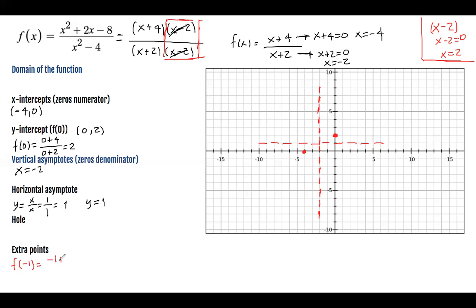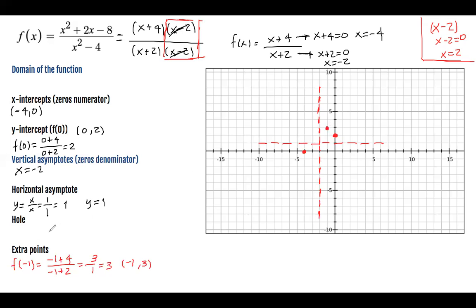So minus 1 plus 4 divided by minus 1 plus 2. That's going to be 3 divided by 1, 3. So our first extra point is going to be minus 1, comma 3. So let's plot that coordinate, minus 1, comma 1, 2, 3. So the coordinate is there.